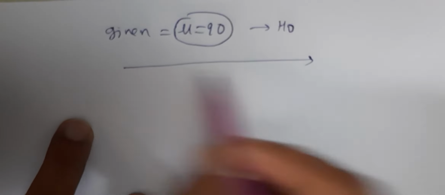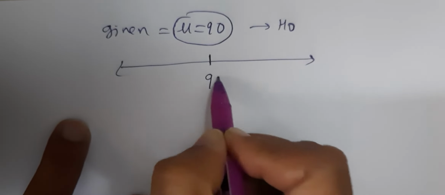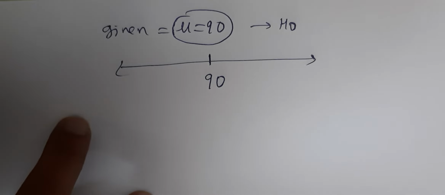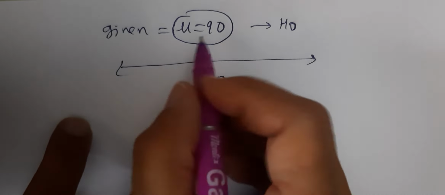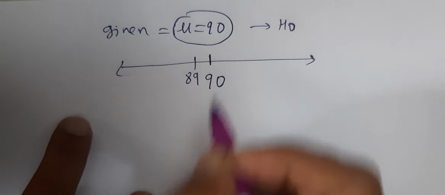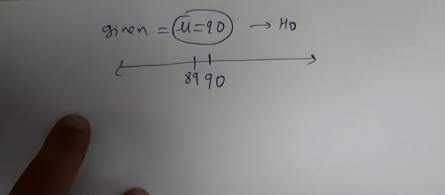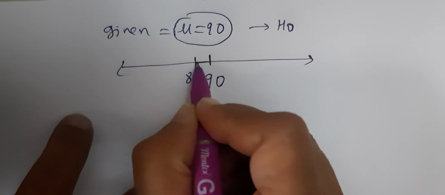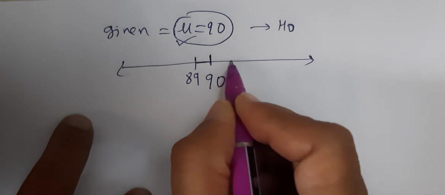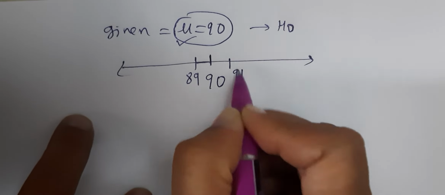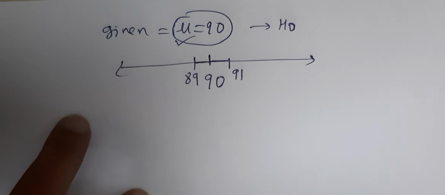And how are we going to cross check? We are going to have some sample mean. Now understand this part. This is 90. What is the sample mean? Suppose my sample mean has come 89. Then I will say it's so close. I will say mu equal to 90 is correct. It is the right statement. Even if it is 91, I will say it is the right statement.